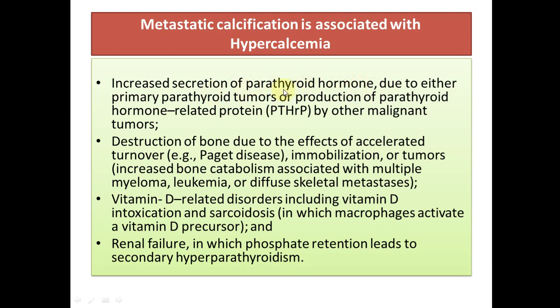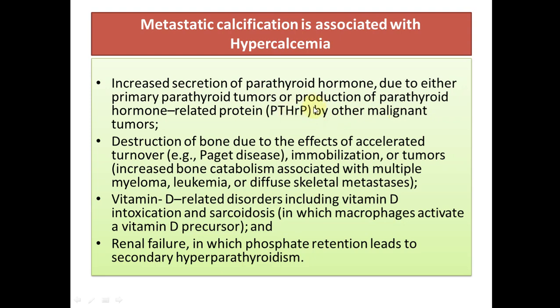If there is excess parathyroid hormone secretion, it will lead to hypercalcemia and elevated blood calcium concentration, and this may cause metastatic calcification. Conditions with excess parathyroid hormone secretion include primary parathyroid tumors and sometimes malignant tumors that secrete parathyroid hormone related protein, which also stimulates the release of calcium from the bones and has similar actions to parathyroid hormone.